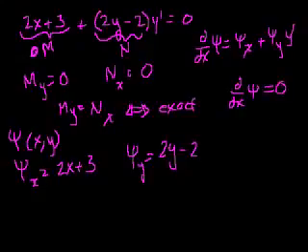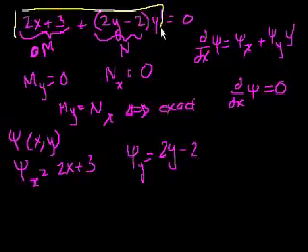Let me switch colors just because it gets monotonous. If we can find a xi where the partial with respect to x is this and the partial with respect to y is this, then this can be rewritten as this. And how do we know that? Because the derivative of xi with respect to x, using the partial derivative chain rule, is this. The partial with respect to x is this, and the partial with respect to y is this times y prime.